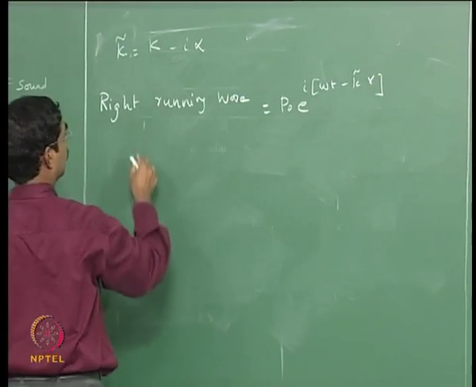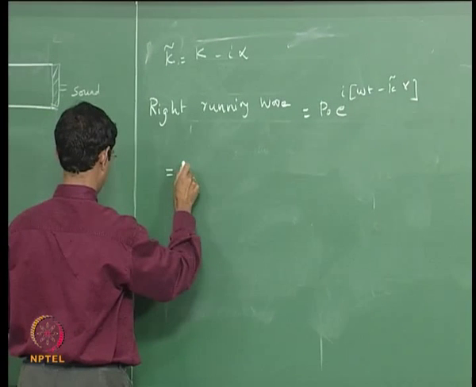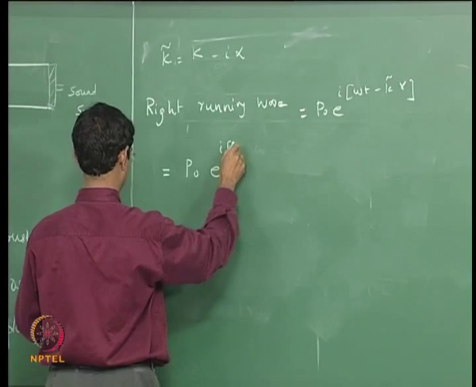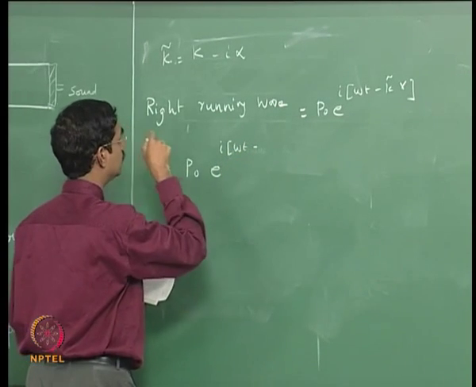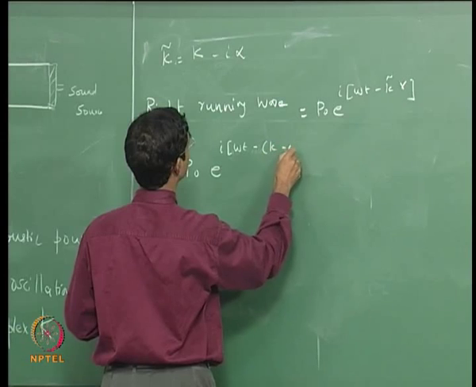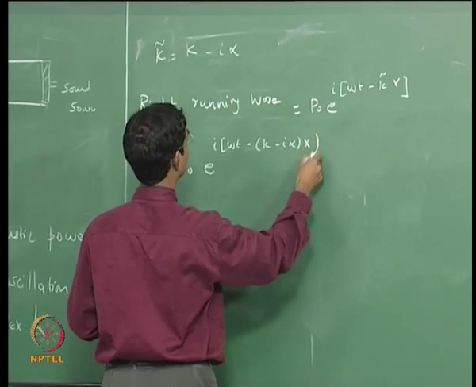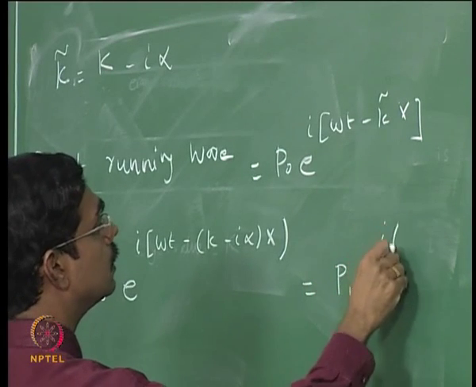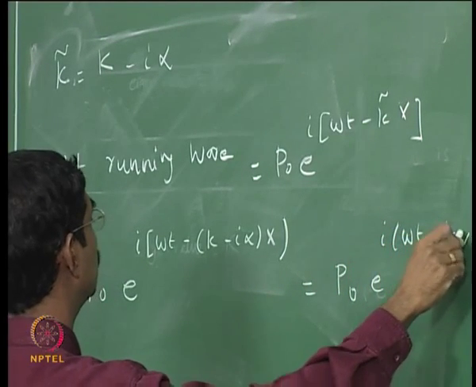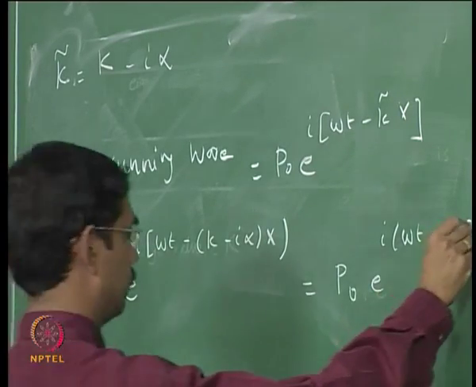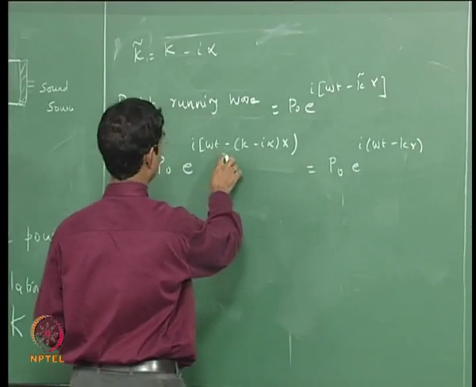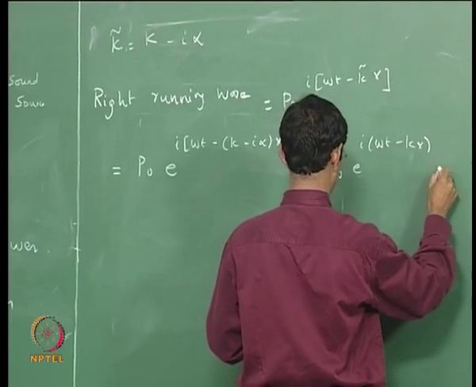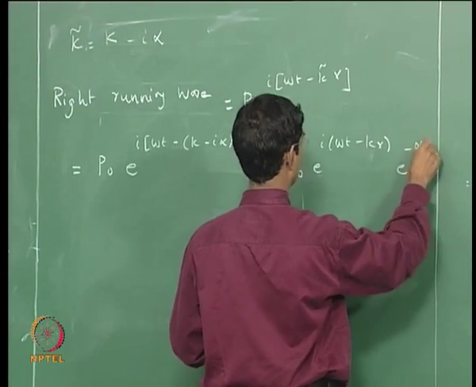Now I will substitute this expansion for k tilde, so this would be p naught e power i times omega t minus k x, times e power... minus times minus is plus, i times i is minus 1, so this would be e power minus alpha x.